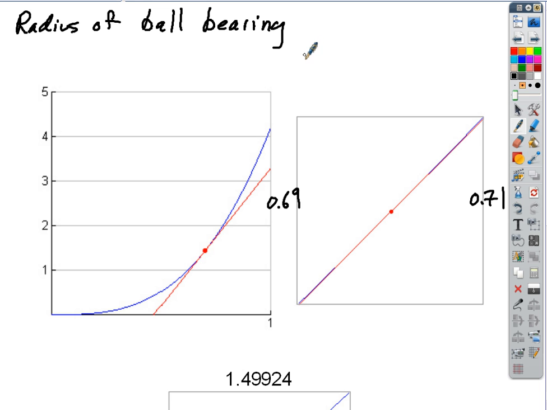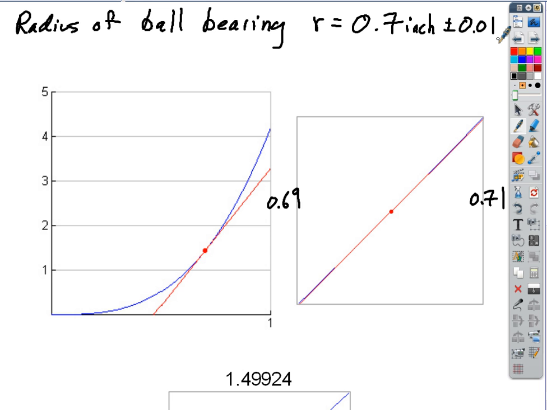The radius of the ball bearing, R equals 0.7 inches plus or minus 0.01. Okay, so what would we call that, plus or minus, you suppose?